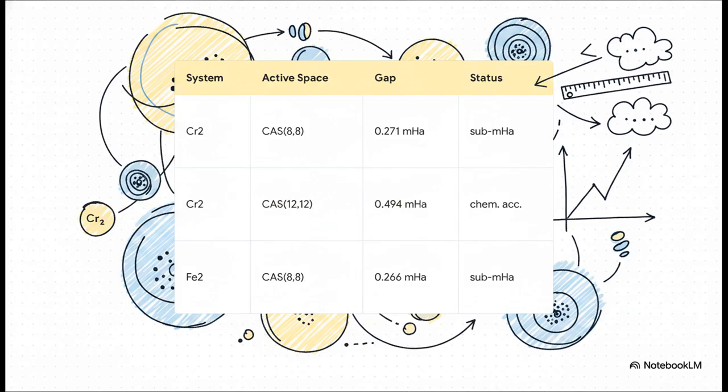Sub-millihartree accuracy. Now look at the incredibly complex chromium-2 in a CAS-12 active space, 0.494 millihartree. Chemical accuracy achieved. And for iron-2, finding the exact native spin-zero ground state, a 0.266 millihartree gap. Absolute sub-millihartree accuracy across the board.